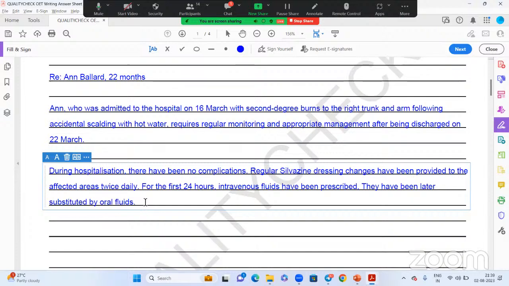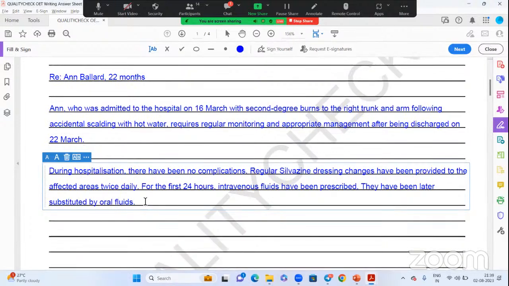Intravenous fluids which were initially prescribed have been substituted by oral fluids after 24 hours. You can write like that. So different ways you can write. The next one, the next point.